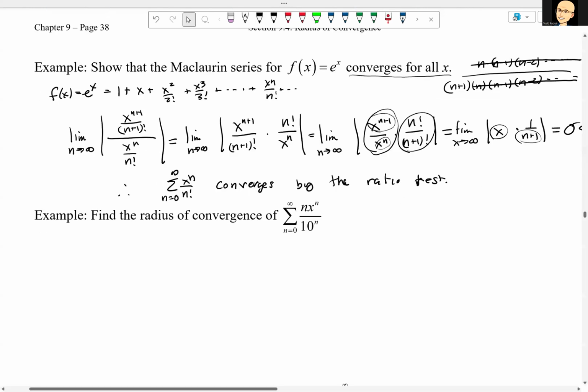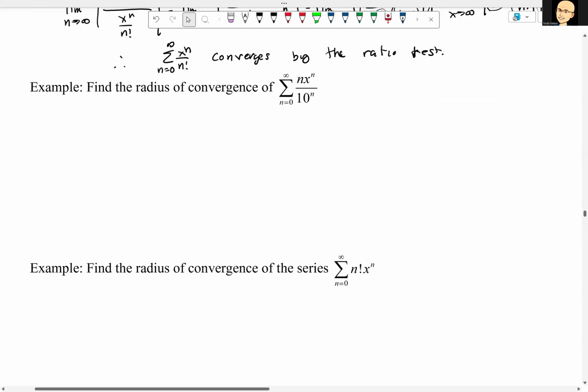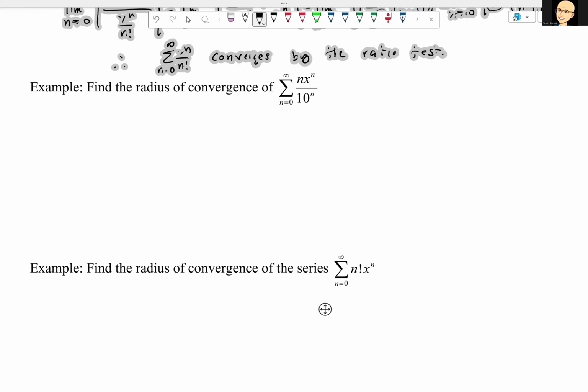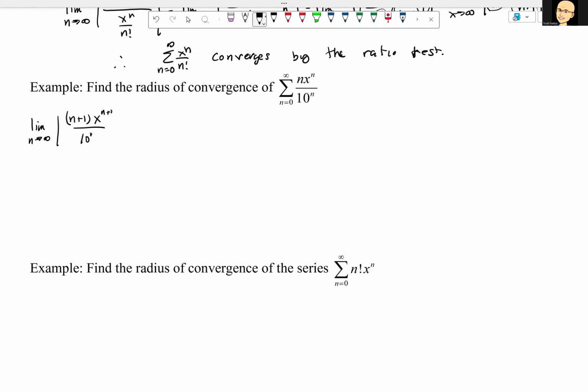Let's see if we can use the ratio test to find the radius of convergence for this particular series. Again, I will start by saying the limit as n goes to infinity of n plus 1, x to the n plus 1 over 10 to the n plus 1, and I'll multiply by the reciprocal, 10 to the nth and x to the nth.